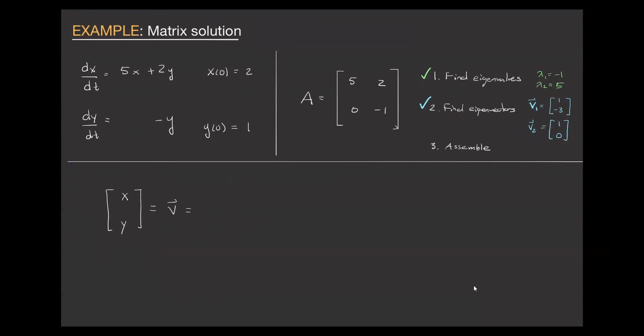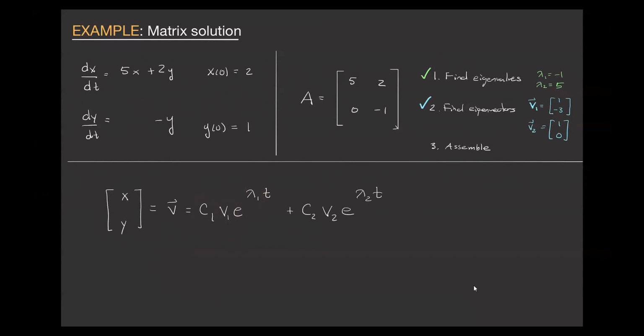This is equal to C1, and now we take V1 times e to the lambda 1 times t. Then see it's all C1, V1, lambda 1. And the next, you can guess, is going to be the same thing, but now we're going to have C2, V2, e to the lambda 2 times t.